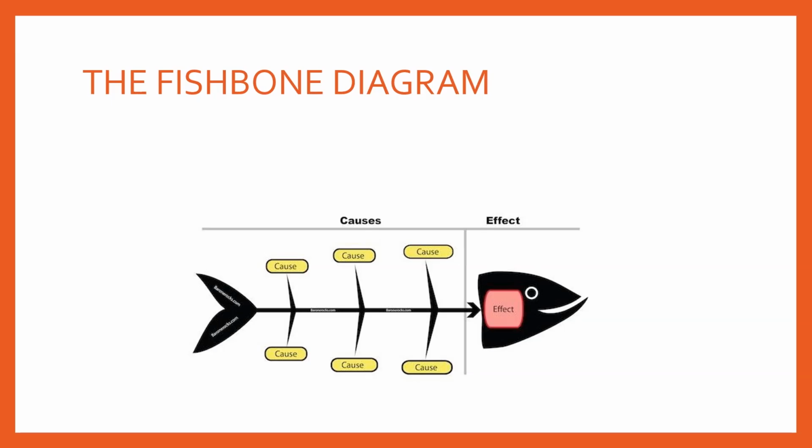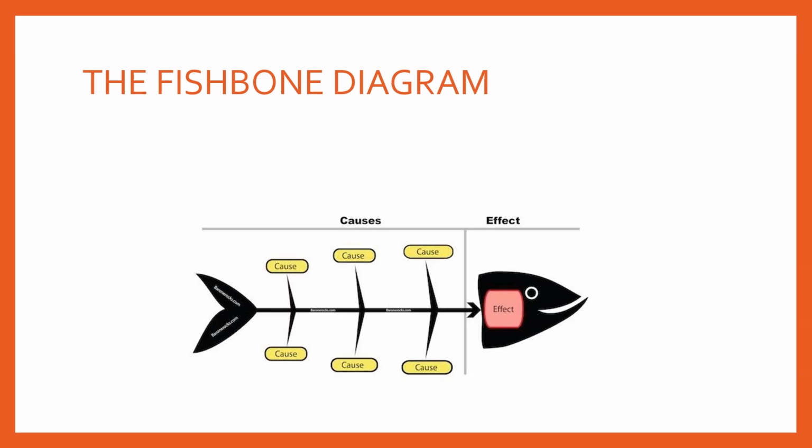Suppose a particular garment has been produced, and in that garment the quality is not properly addressed. Some GSM problem is there in that garment. People try to understand the yarn quality, then the fabric quality. All these things need to be addressed in that cause and effect diagram.